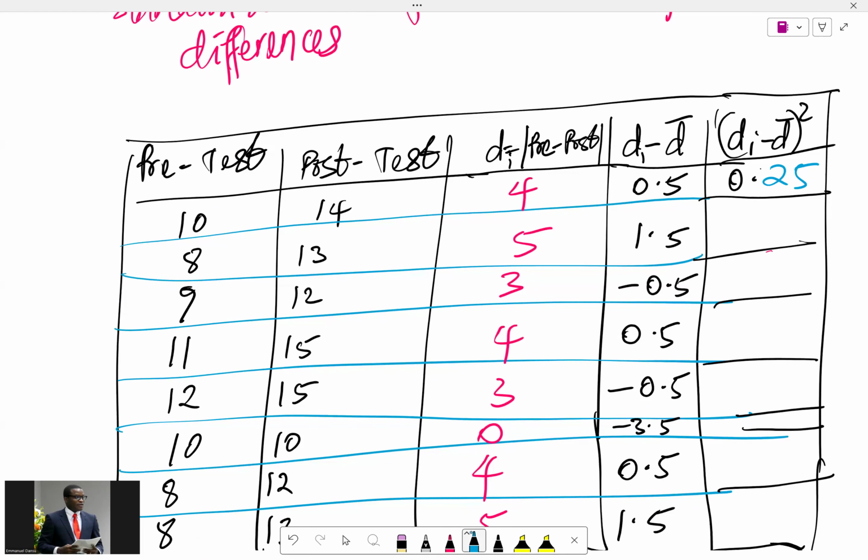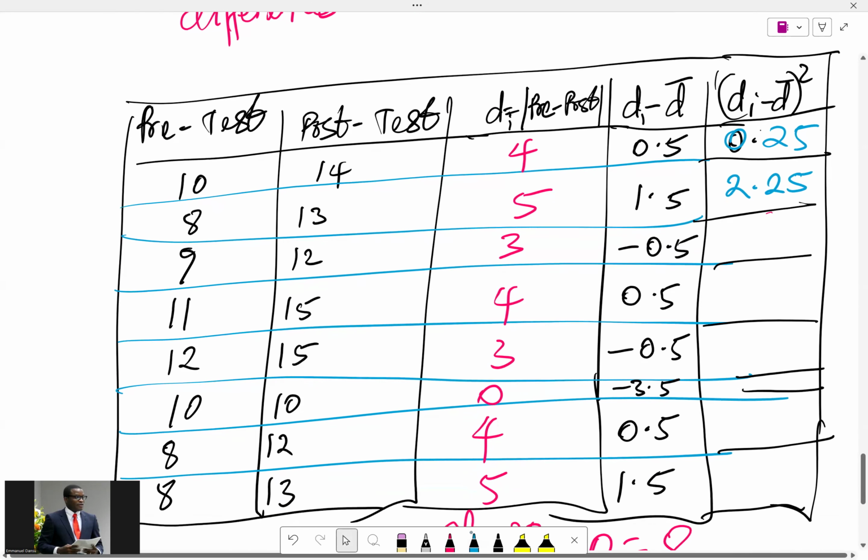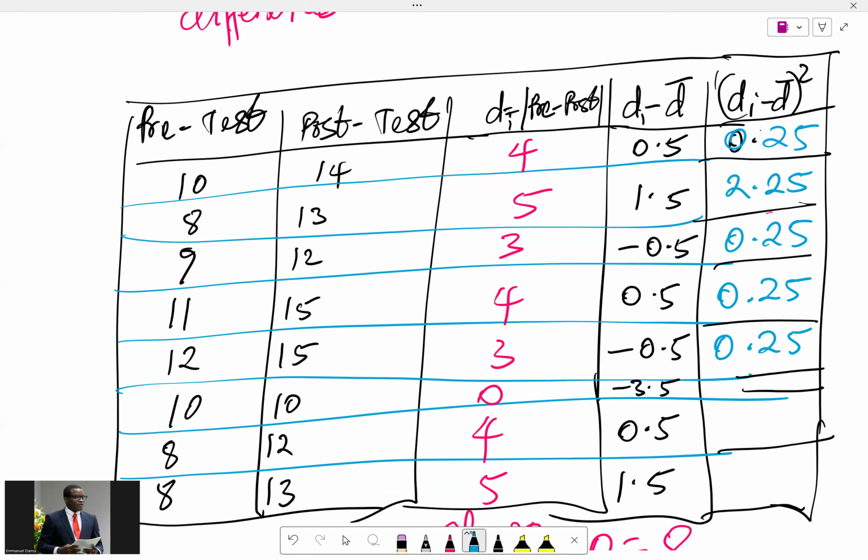Let me be very sure of that. 1.5 times 1.5 is 2.25, correct? Then this is just 0.25, 0.25, 0.25. Then 3.5 times 3.5 is 12.25. Again, this is 0.25 and this is 2.25.